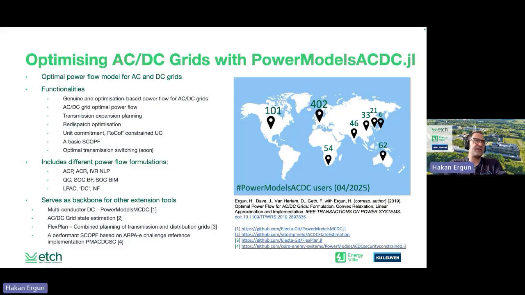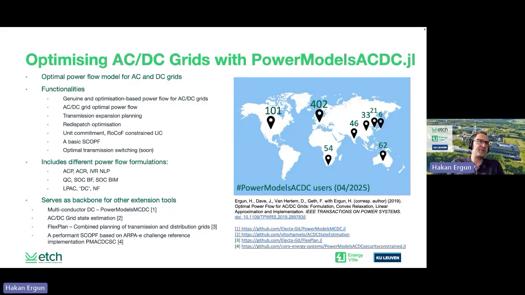I would say a slight deviation or a slight evolution of the optimal power flow model is also a redispatch optimization. So here you basically use the same grid constraints, but your objective changes. And instead of minimizing the dispatch cost, here you're trying to minimize the redispatch cost with respect to some reference values.